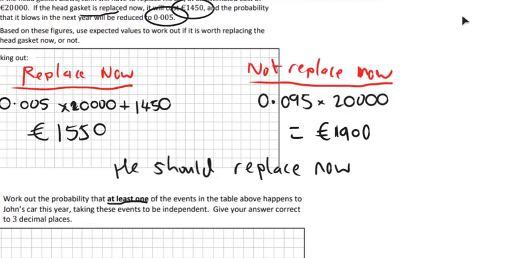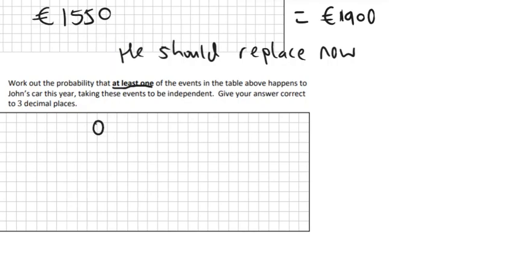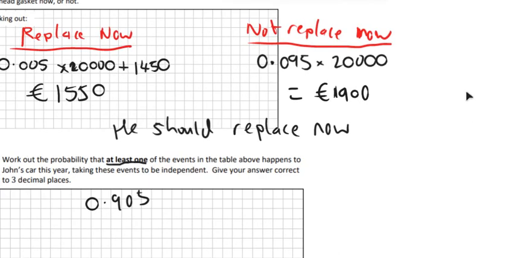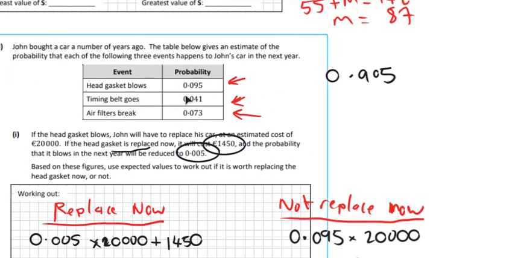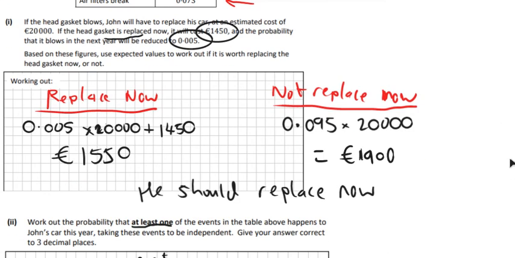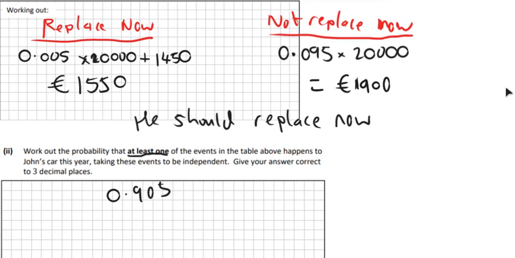I'll write them down here actually. So 0.905, that's for the head gasket. I'm just taking each of these away from 1, so I'm doing 1 minus 0.095. Then I do 1 minus 0.041 for the timing belt, and you should get 0.959.